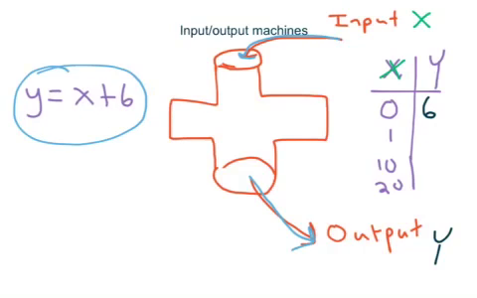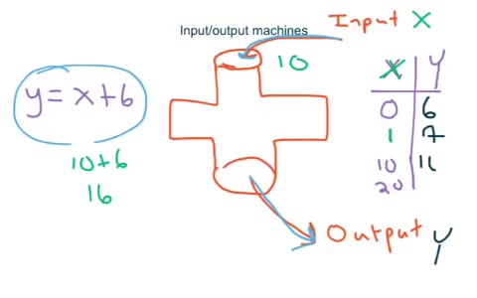If I plug 1 into my function machine, I would have 1 plus 6 gives me 7. So 7 is my output. Let's try another one. If I would plug 10 into my function machine, 10 is my input, I plug it in, 10 plus 6 gives me 16.